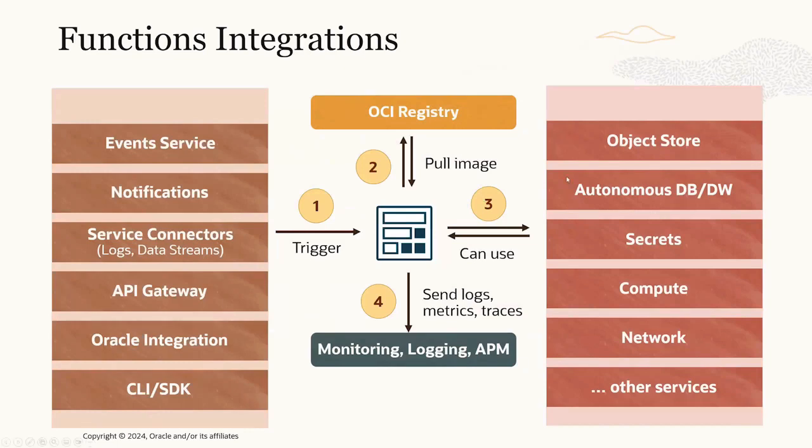That code can then be used to communicate with things like object storage, the OCI Vault service. A common use case, if you're running a fleet of servers, is you can have functions that turn servers on and off based on certain activities or events. I've seen some customers use functions to go out and find servers that are not deployed or configured properly and simply eliminate them.